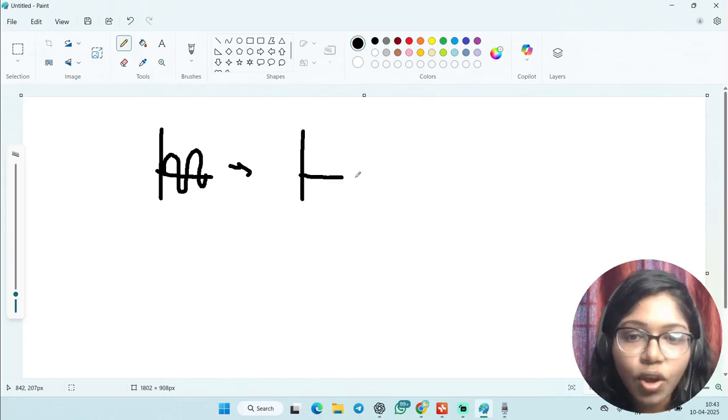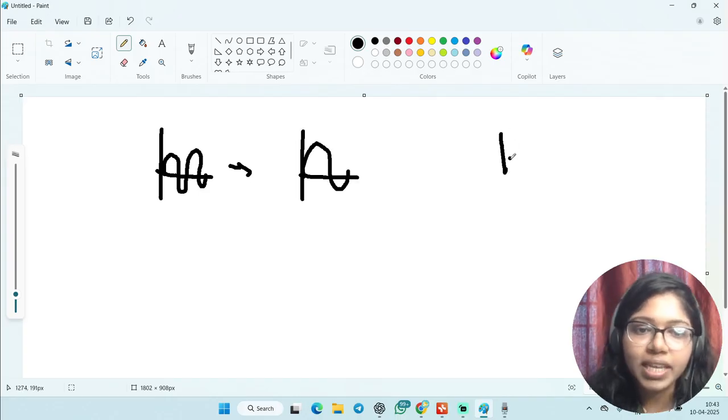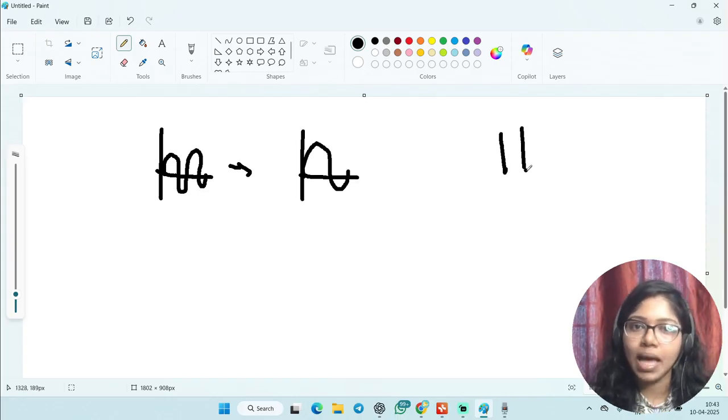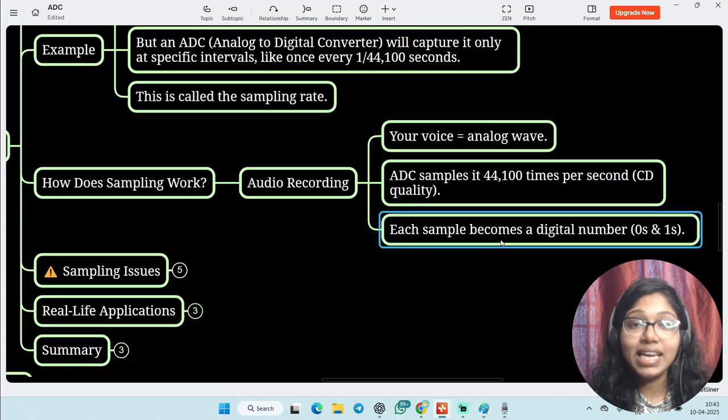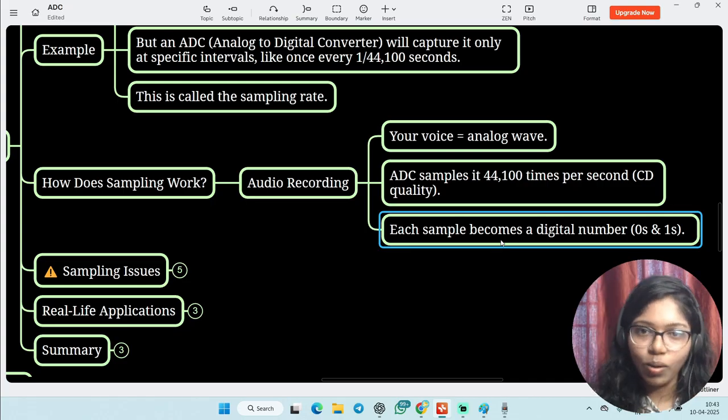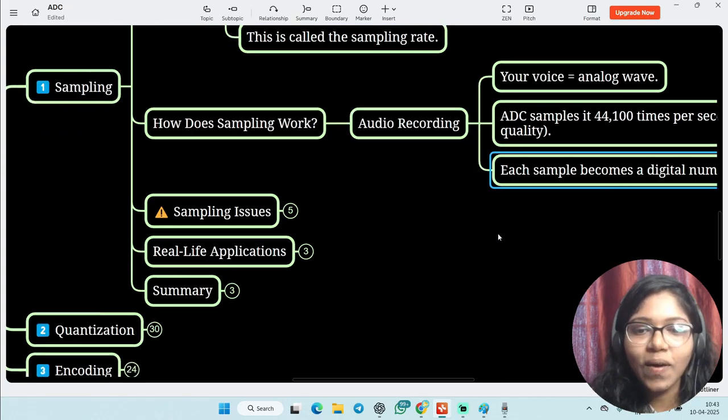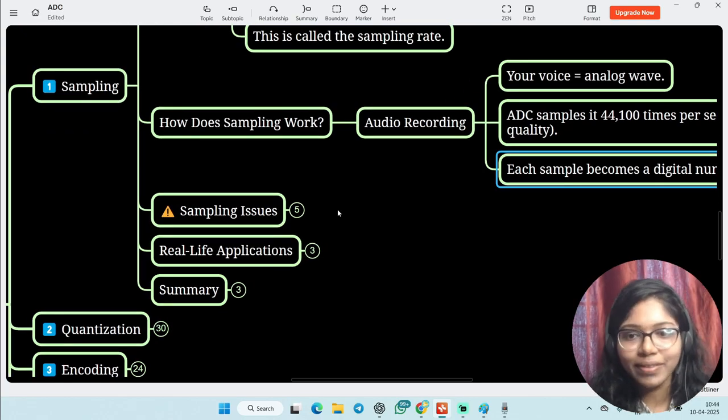Sampled in the sense of per second, how much data is going to be sampled? 44,100 samples you may get, and each is converted into zeros and ones. I'm going to teach you how it's actually converted.